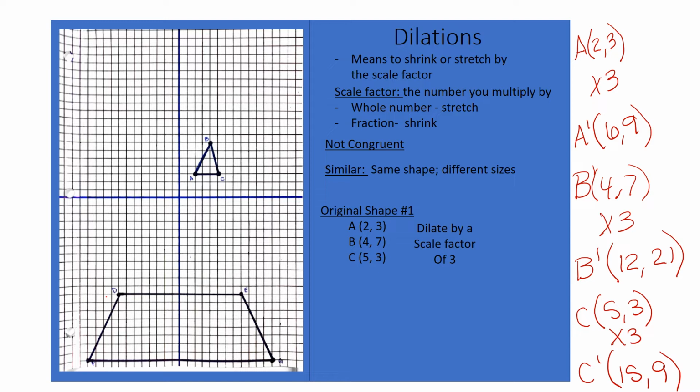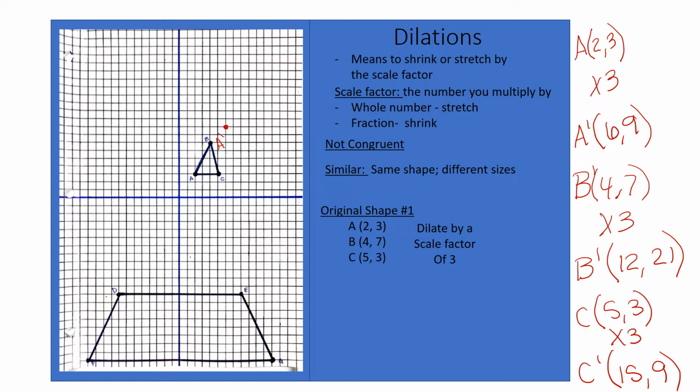Once you have the new points, then we can go ahead and graph it. I'm going to go over 6 and up 9, and I'm going to put my point, and I'm going to label it A prime.